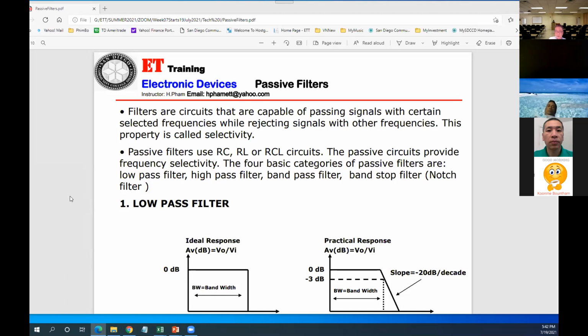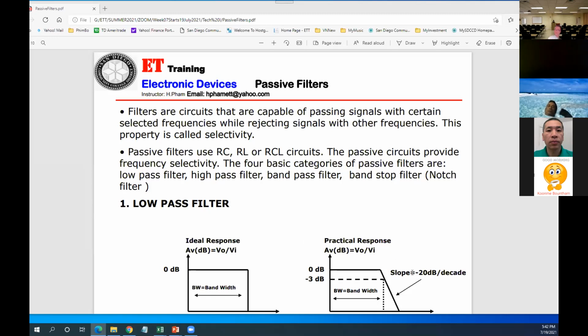Like I can teach you how to solve the RC, RL, or RCL circuitry, but using a different way, complex numbers. Normally when you go to college, then you have to learn that. But in here, we're not emphasizing on that, okay?